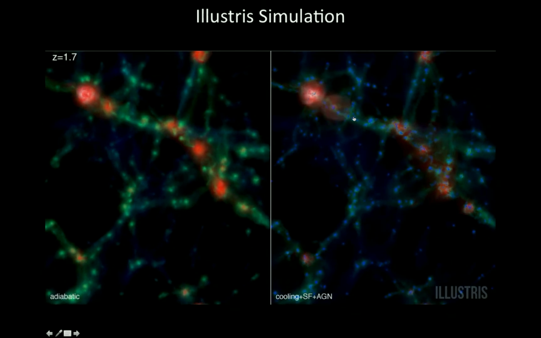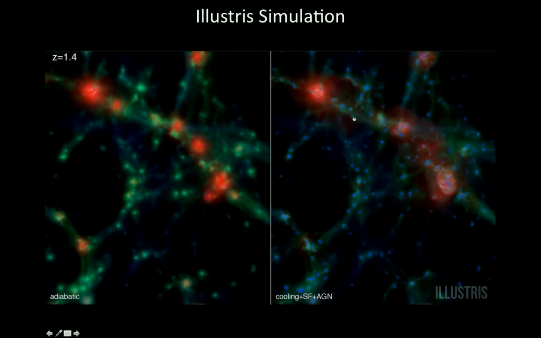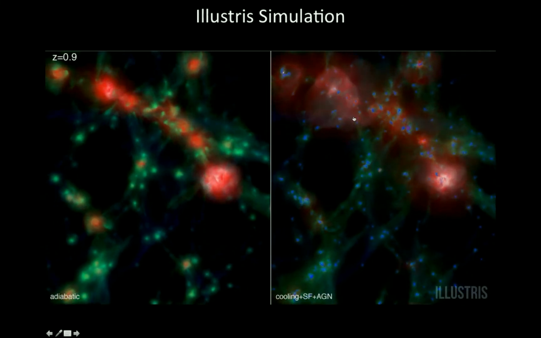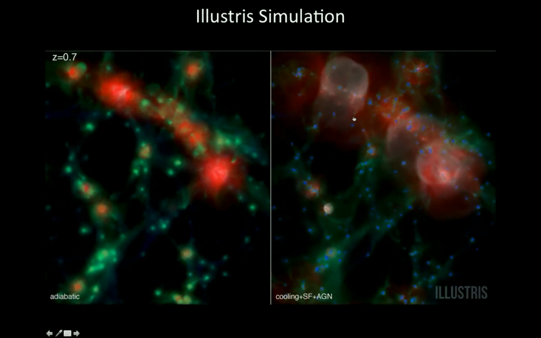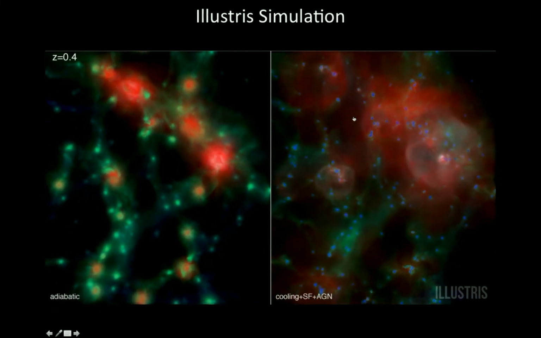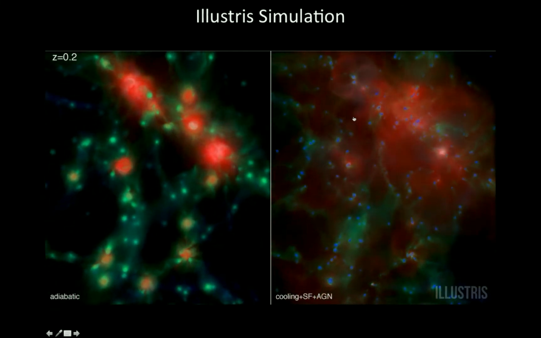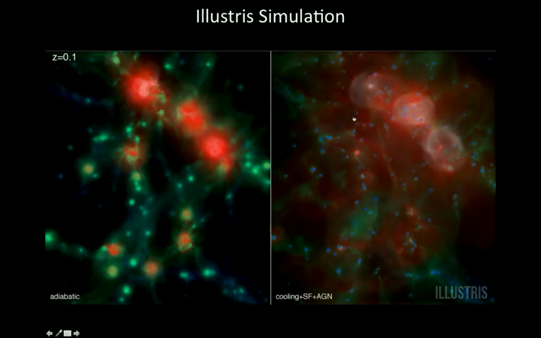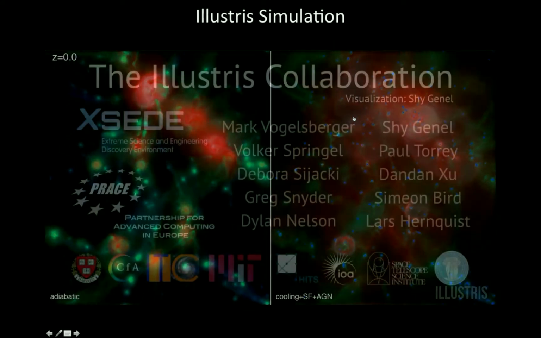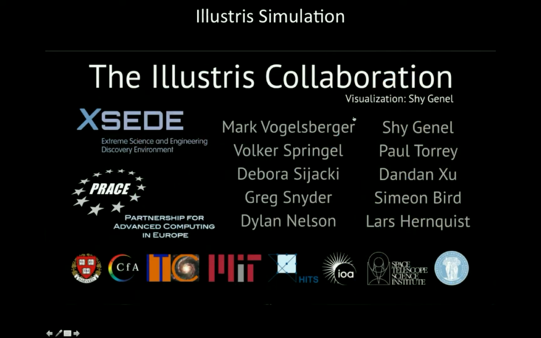The left and right side of the simulation include different kinds of physics, but the general concept is the same. You can see galaxies emerging, AGN turning on, star formation starting, and all of this leads us up to the galaxies that we see at the present day. These simulations are state of the art and take many people and a long time to complete.